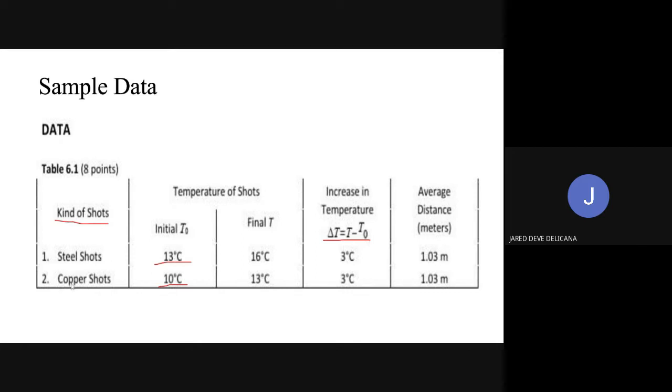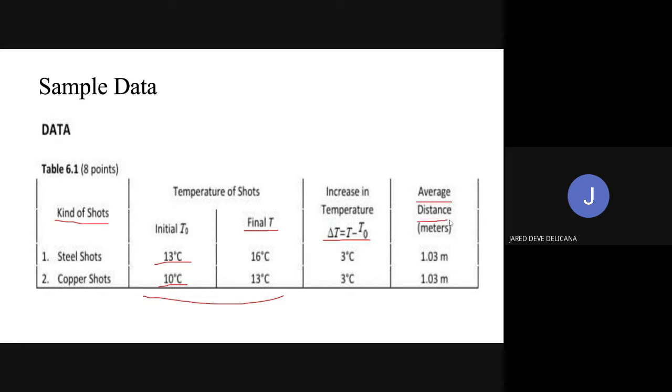Different kind of shot, different initial temperature. And also you have to take good note of our final temperature. This is very crucial because these are the things that we need to calculate the change in temperature, the increase in temperature.